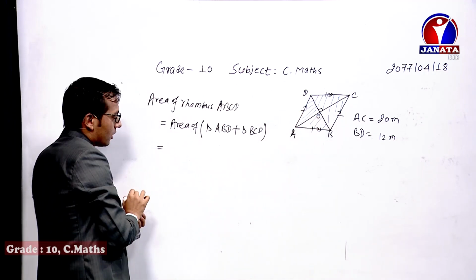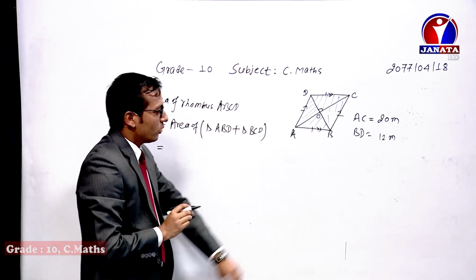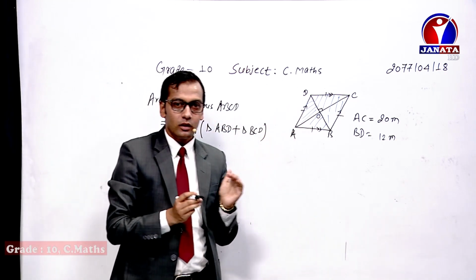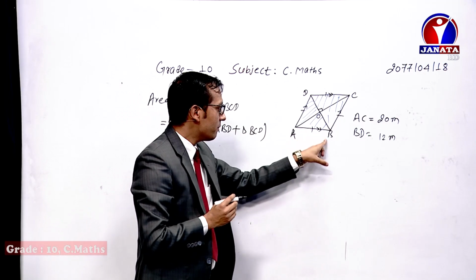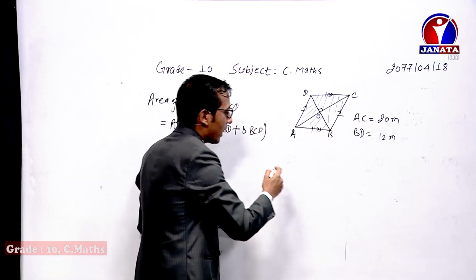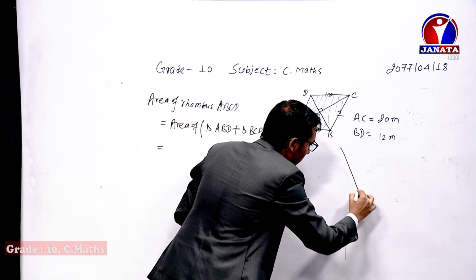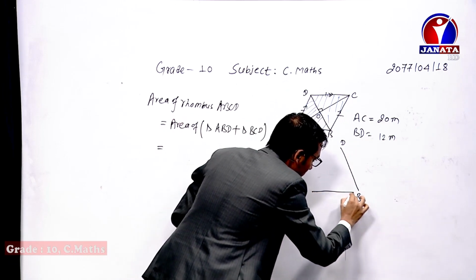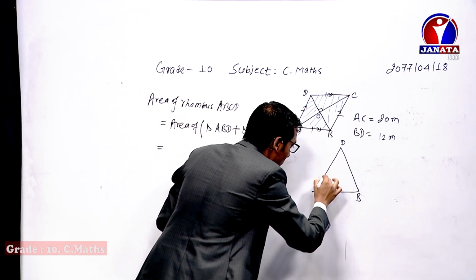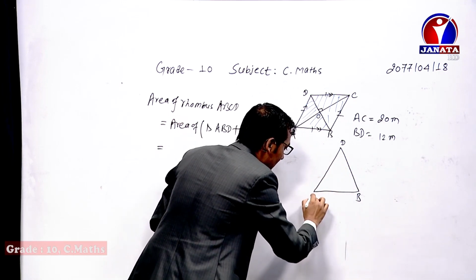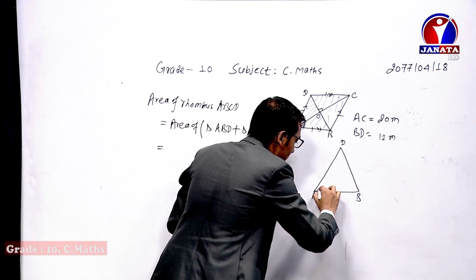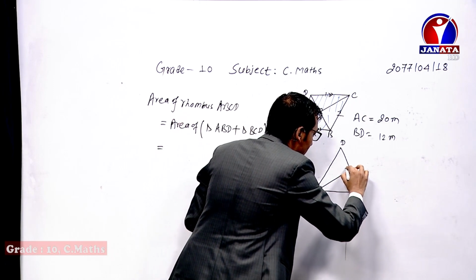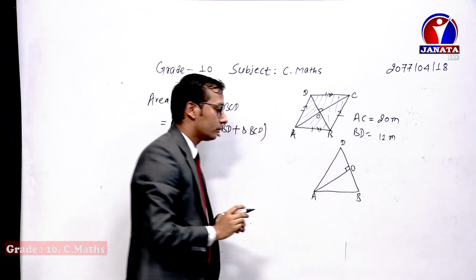Now if we look at the first triangle ABD, let me take this triangle only. This is diagonal BD, and this is point A. What is the height of this triangle? This angle is 90, this is O.